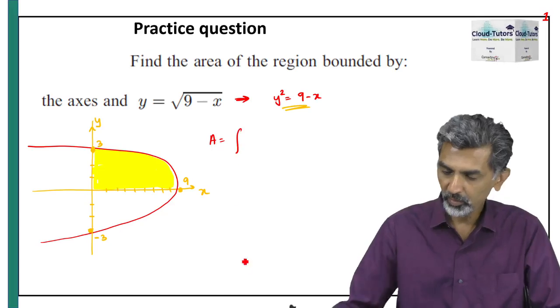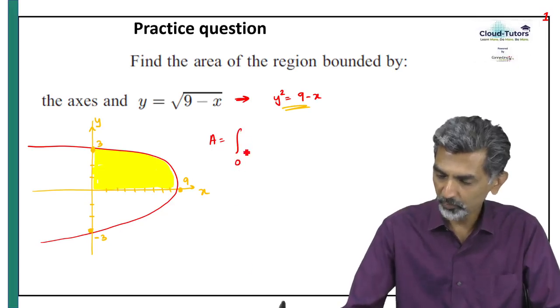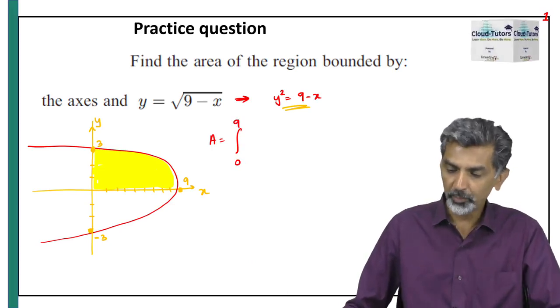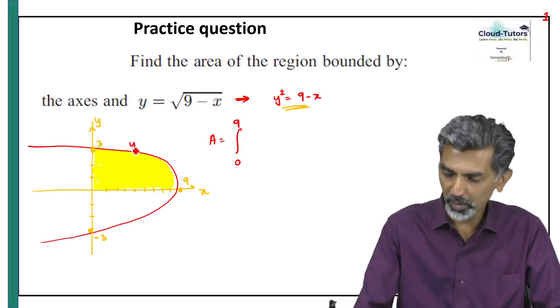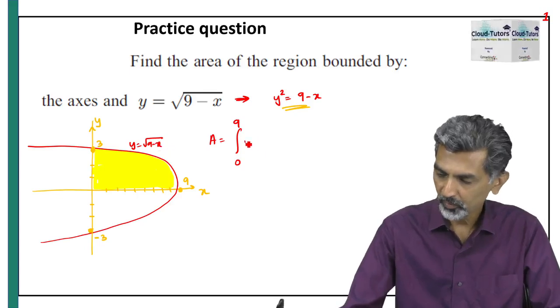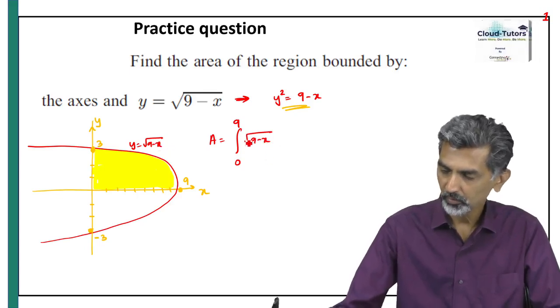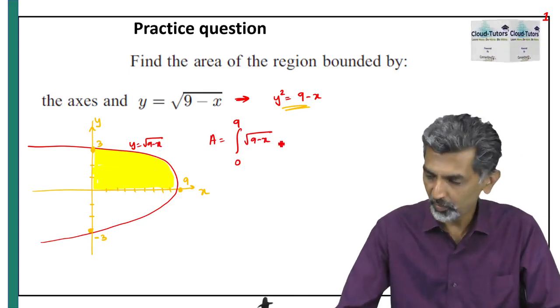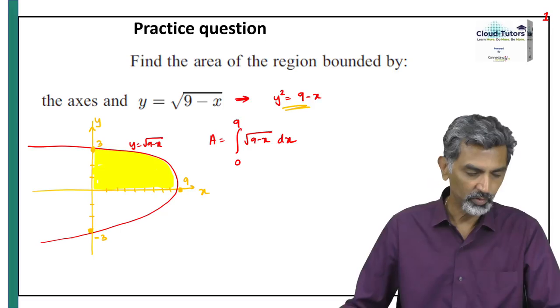The area is the integral, and the limits of integration: x goes from 0 to 9. The upper part of the curve is y is equal to square root of 9 minus x. And the lower part of the curve is the x-axis itself. Therefore, it's just this.